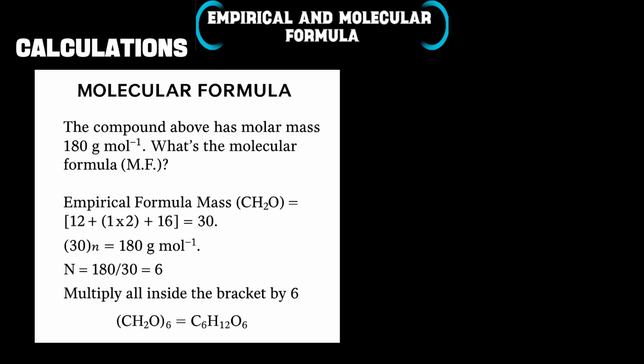So equating the empirical formula mass to the molar mass given, we have that 30n equals 180. So n is 180 divided by 30, that's 6.